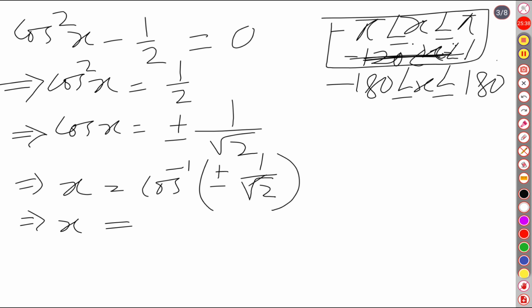Now we will draw the quadrant. Cos is positive, so we will choose the positive value first. Cos is positive either in the first quadrant or fourth quadrant. So for first quadrant, it will be pi over 4. Now in the fourth quadrant, let's see whether it allows us or not.